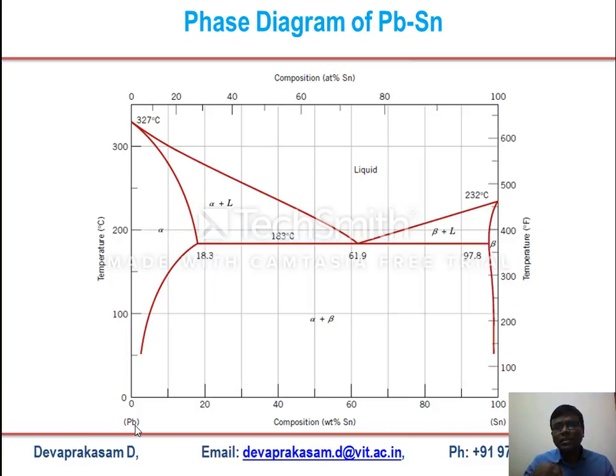The top x-axis, the complementary x-axis, presents the composition of tin in atomic percentage, and the bottom x-axis in weight percentage. So you understand what I explained already, what atomic percentage and weight percentage are.